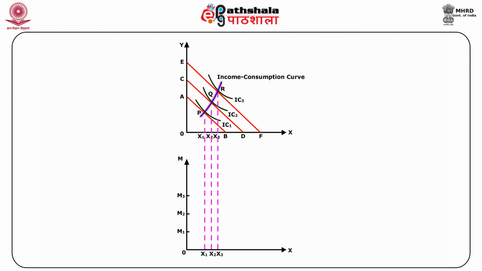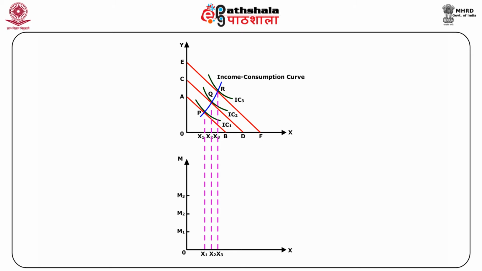The income consumption curve in the top panel of the figure shows the equilibrium quantity of X and Y purchased as the income level changes. The parallel budget lines AB, CD and EF correspond to M1, M2 and M3 level of income respectively, prices remaining constant.